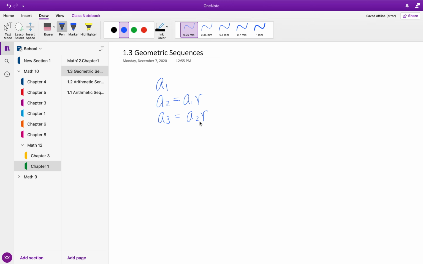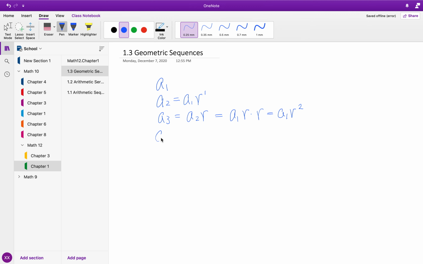However, A2 is also A1 multiplied by the common ratio. So that means A1 multiplied by R, and then another R multiplied again. So we get A1 times R to the power of 2. See that? This one is power of 1.